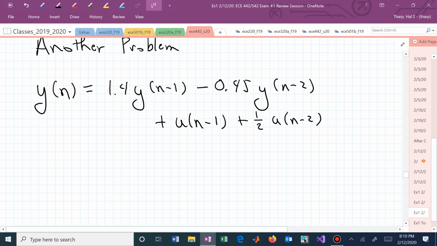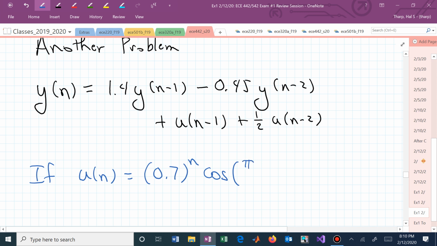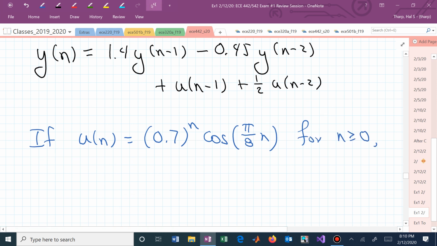What if you apply u of n is equal to 0.7 to the n times cosine of pi over 8 n for n greater than or equal to 0, what is the structure of y of n?